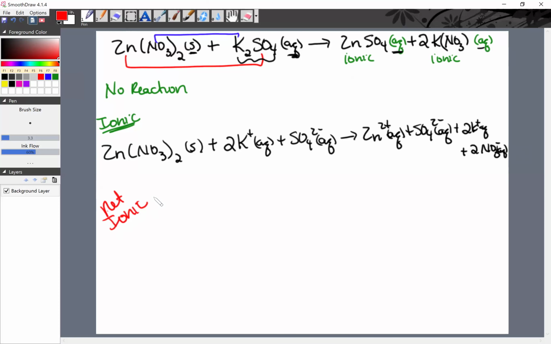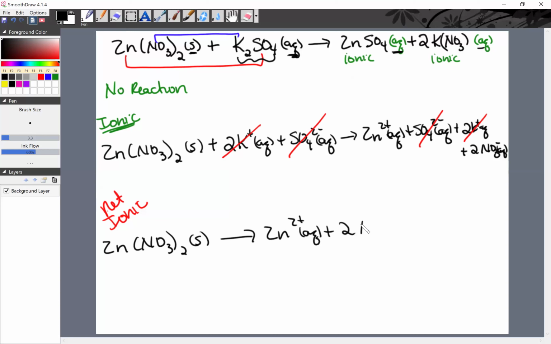So I'm going to cancel everybody out that's the same. There's 2 potassiums on the left, 2 potassiums on the right. There is a sulfate on the left, there is a sulfate on the right. And so really, what am I doing? I'm taking zinc nitrate solid and taking it to the zinc ion and 2 nitrate ions.